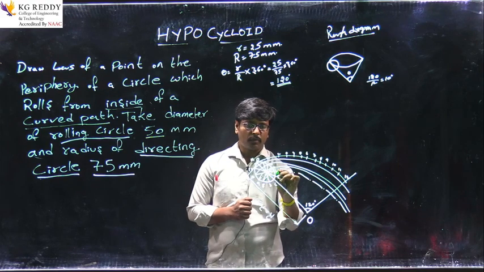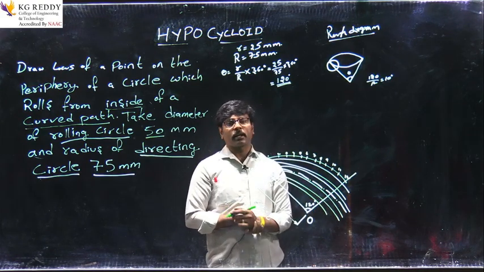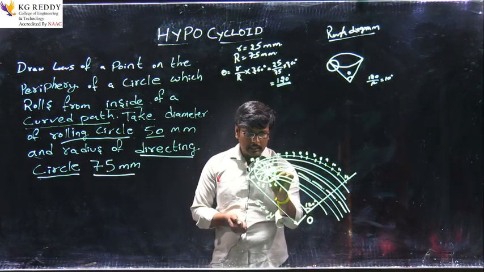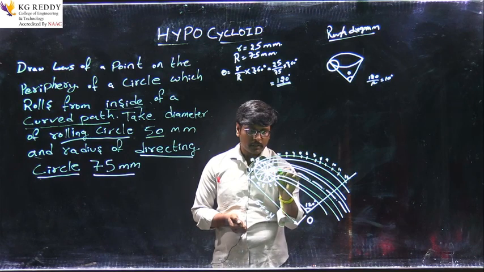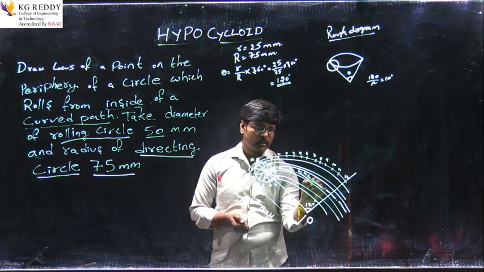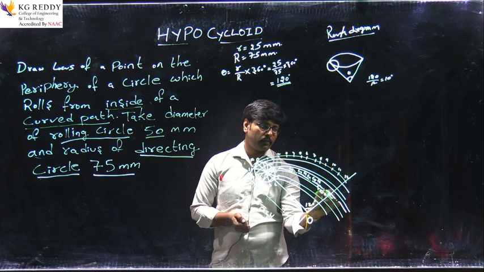And then 8, 4 and 7, 5 and 6. Like this we will get the curves, and after that we have to get the center points C1, C2, C3, C4, C5, C6, C7, C8, 9, 10, 11 and C12.